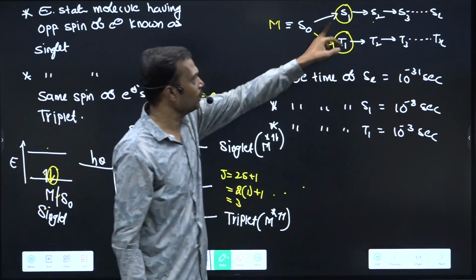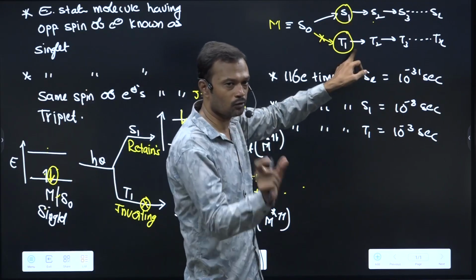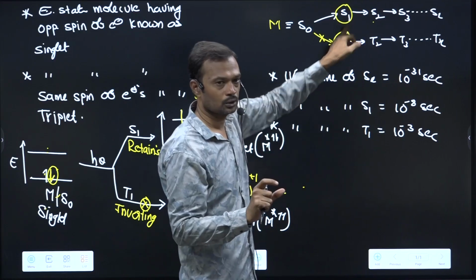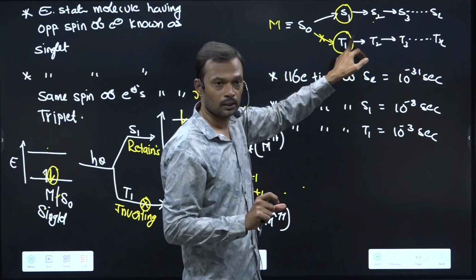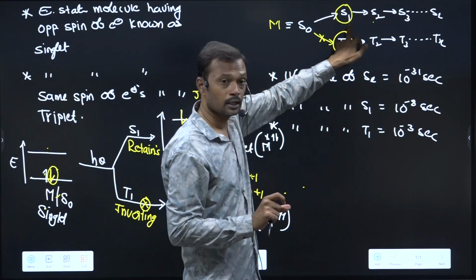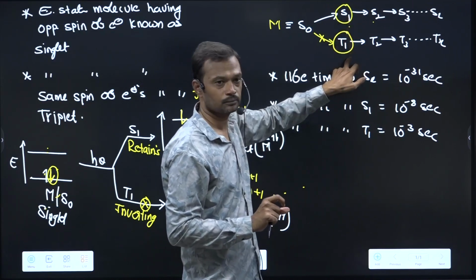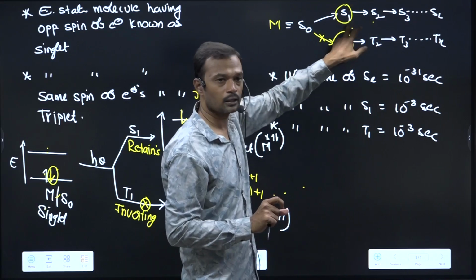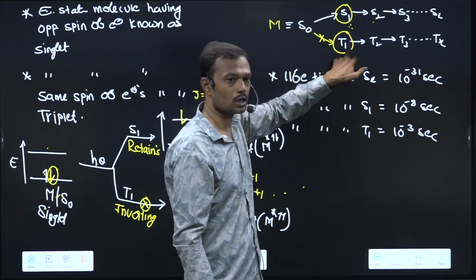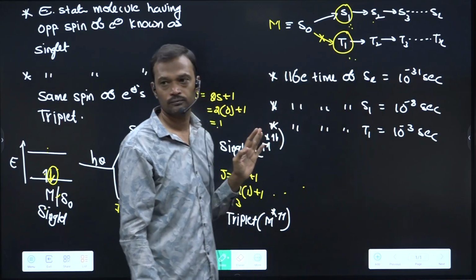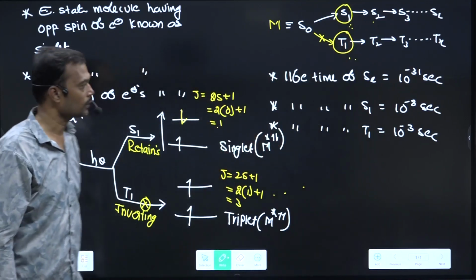Don't think that S1 will give one product and T1 will give the same. S1 product and T1 product are not the same. S1 product is different, T1 product is different. And S1 yield is different, T1 yield is different. S1 yield is always less, T1 yield is always high. Clear? Right.